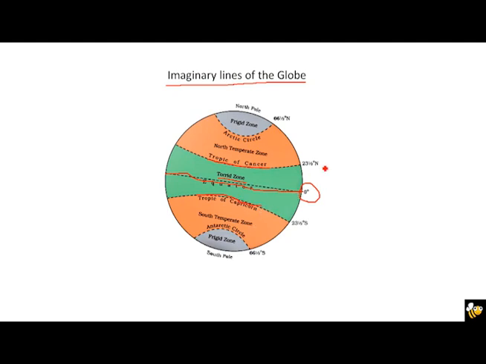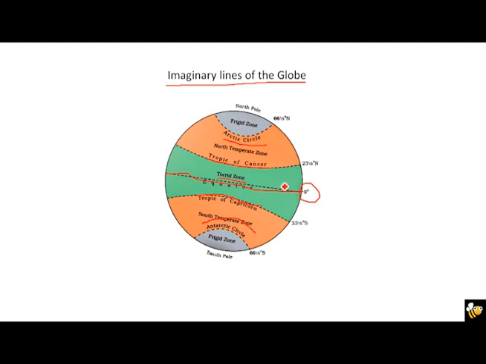Okay, and if we go to the north, we have the Arctic Circle, which is at 66.5 degrees, and if we go in the southern part, we have 66.5 degrees, the Antarctic Circle.